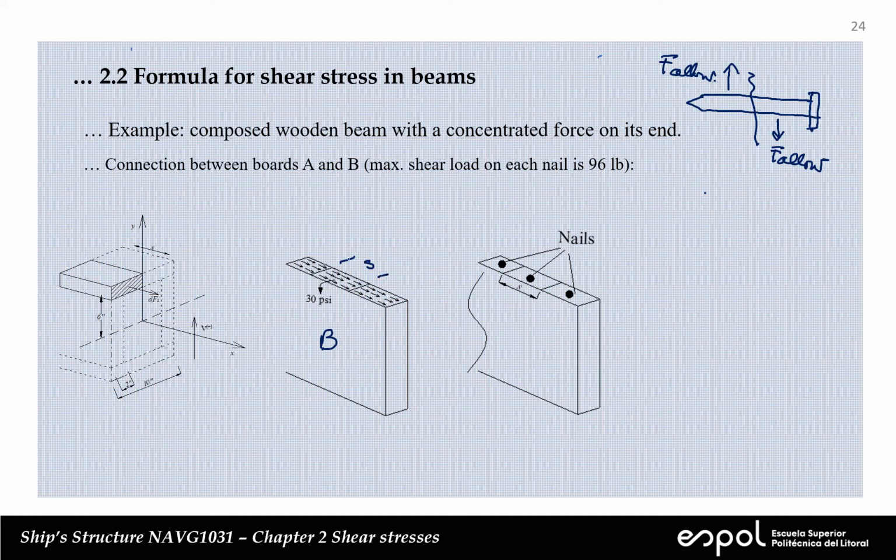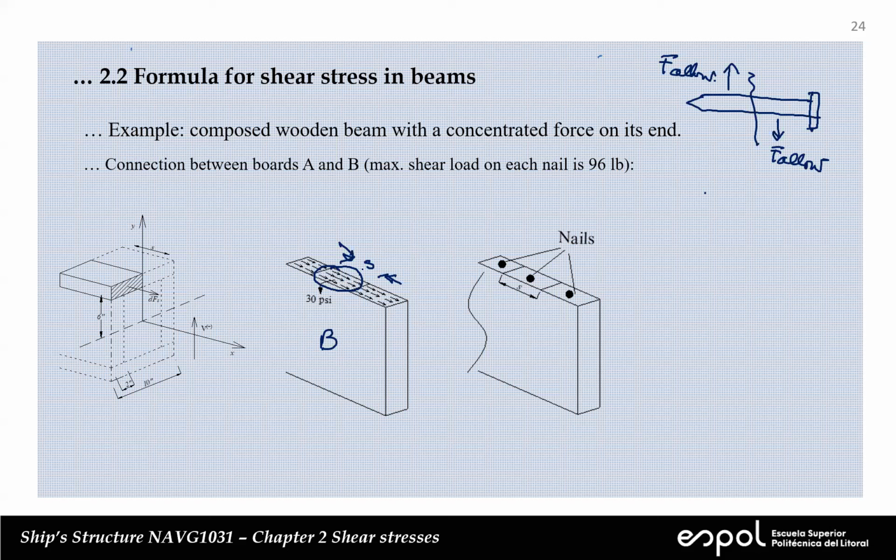So what we say is that this shear stress, integrated, has to correspond to the maximum force that each nail can sustain. If we multiply this shear stress, assuming, as we mentioned before, that the thickness is small so there is no variation in the z direction, then it's easy.